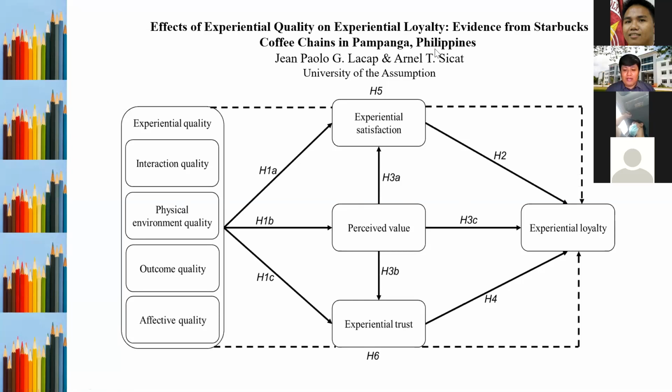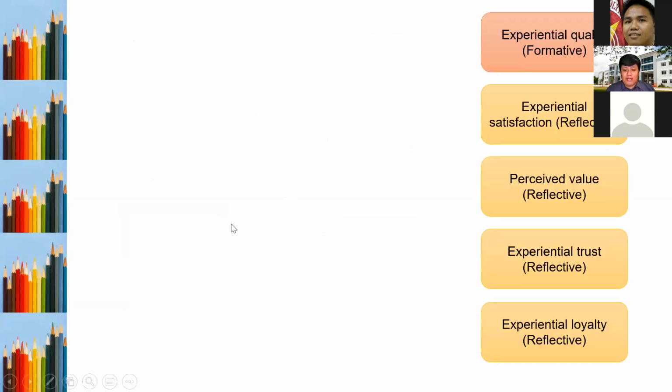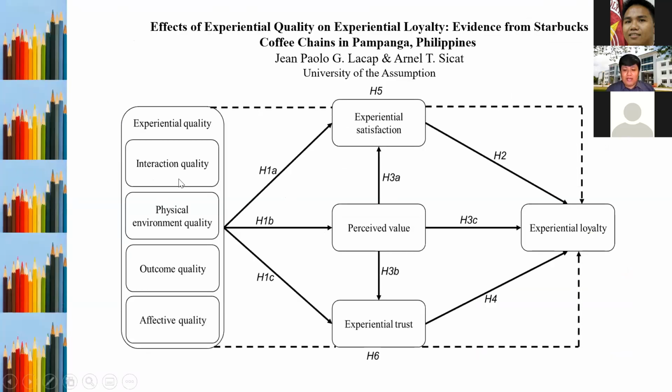So this is our research framework or conceptual framework. If you look at it, we have numerous constructs here. But again, we need to identify what type of constructs they are. Going back to this figure, as I mentioned, experiential quality was measured in terms of 4 dimensions: the quality of interaction, the physical environment, outcome quality, and affective quality.